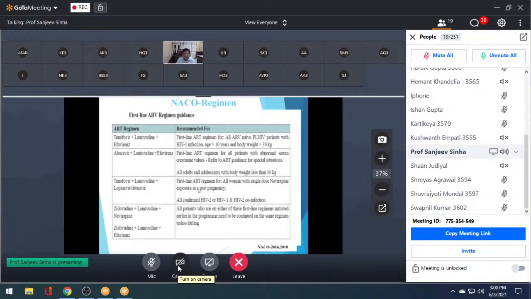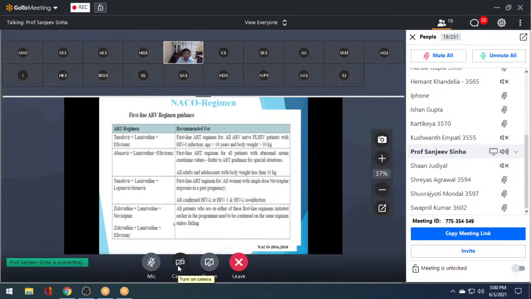We give this combination in first line for all women with a single dose nevirapine in the past pregnancy, and all confirmed HIV-2 or HIV-1 negative. So this is the kind of special regimen we use in the particular situation.